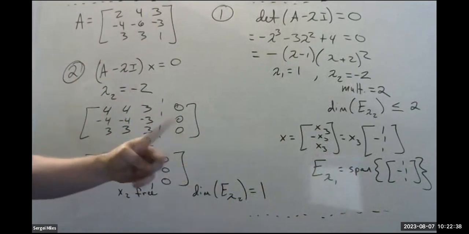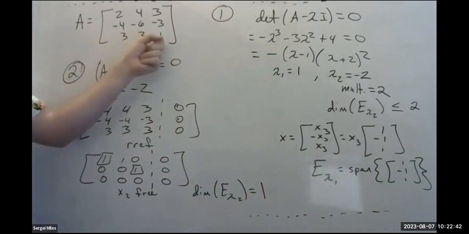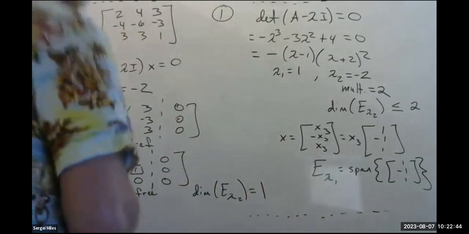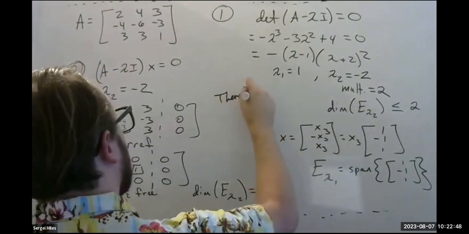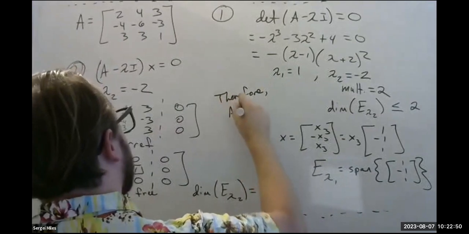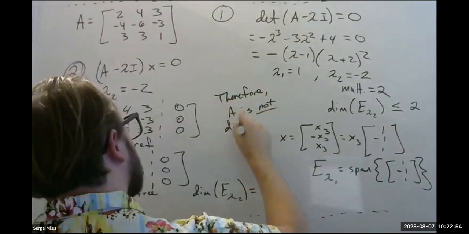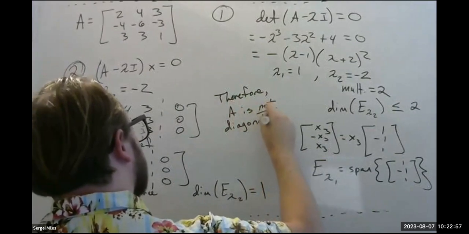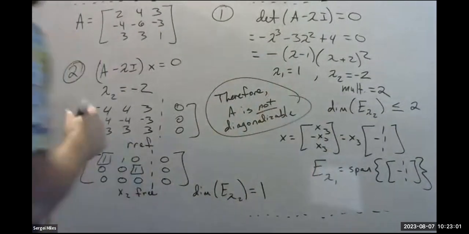That means I only have 2 eigenvectors, but that's not enough. I need 3 to be diagonalizable, right? So therefore, A is not diagonalizable. All right.